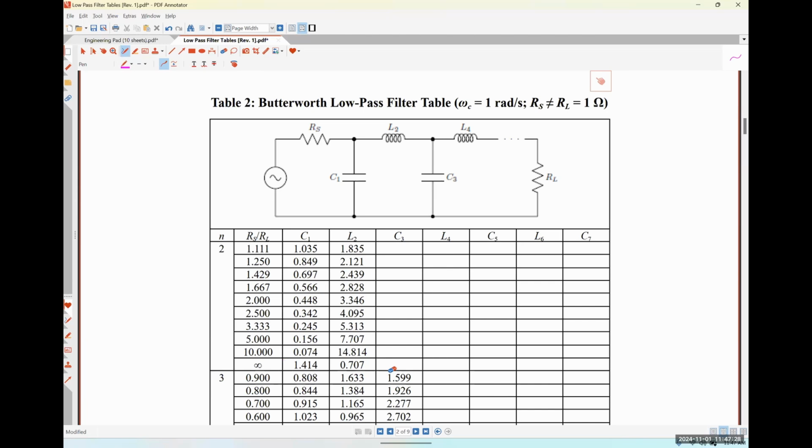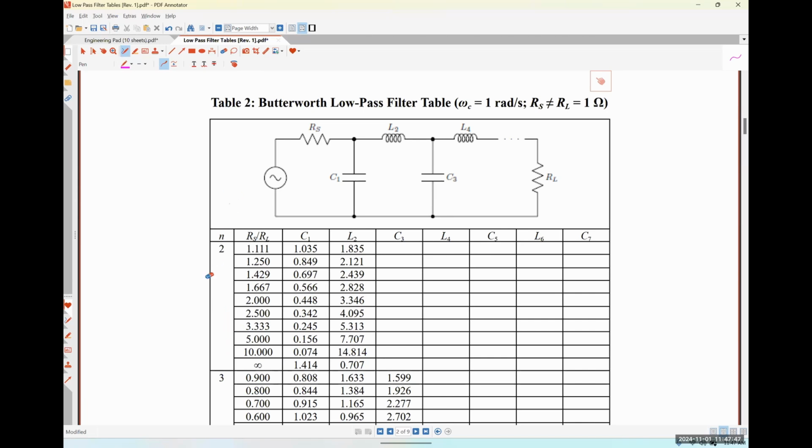Now, what happens if our load resistance is greater than our source resistance? None of those things are caught here. Well, that's actually reading the table in this direction. So when RS is greater than RL, we read it down. When RL is greater than RS, we read it up.